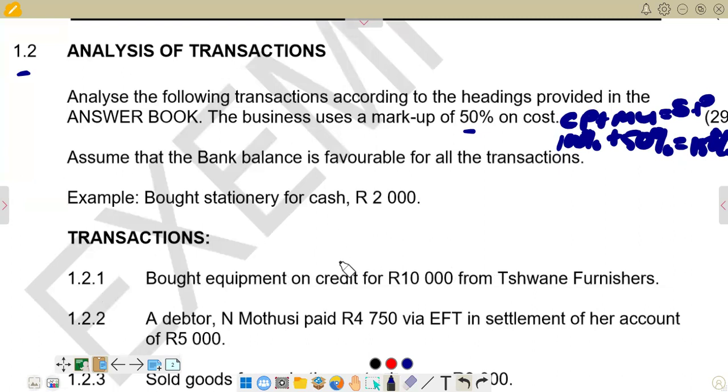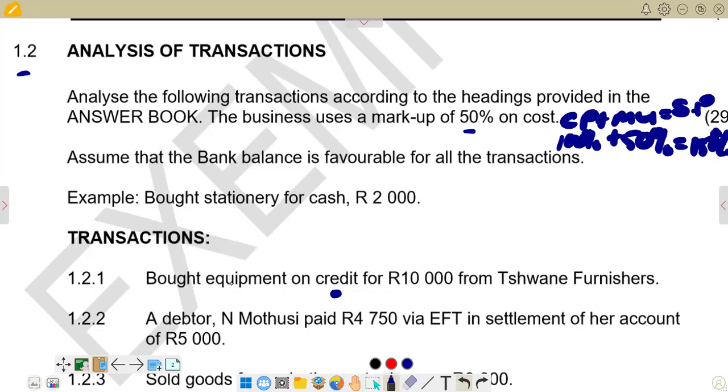That's the double entry. Debit your equipment, and then you credit the finishers because it's on credit. Remember, when it's on credit, we open the name of the business or person that we are buying from. So we credit our creditors control, and we debit our equipment, which is an asset.